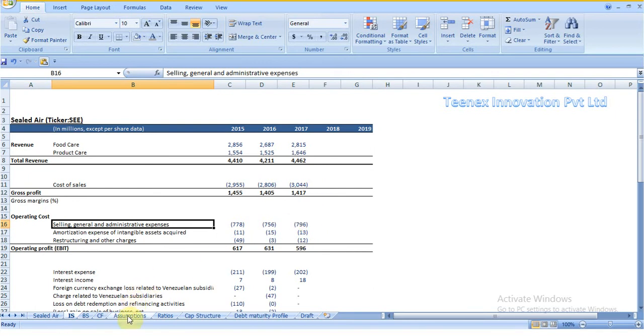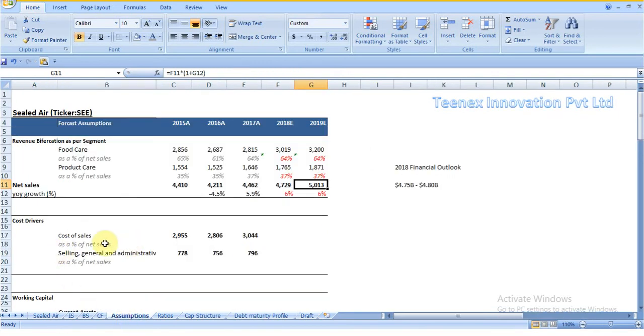So here in assumptions, for cost of goods sold, I already have the historical data. I can calculate the ratio of cost of goods sold based on the company's net sales. What does it mean? In 2015, for total sales of 4.4 billion, the company's gross cost of sales was 67% of the total revenue.